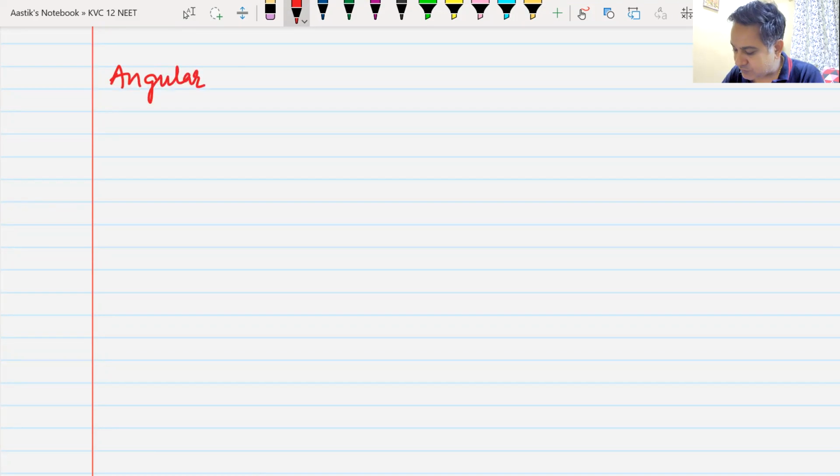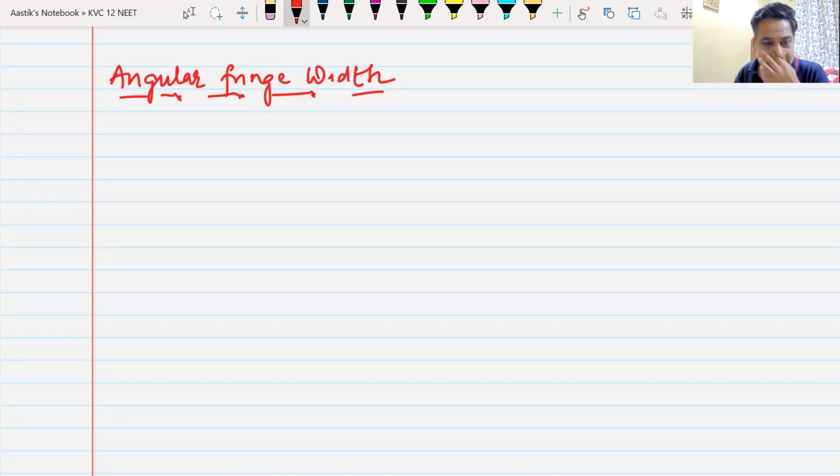Now, what is this angular fringe width? It is better understood in terms of this diagram, and I will just show you this diagram.